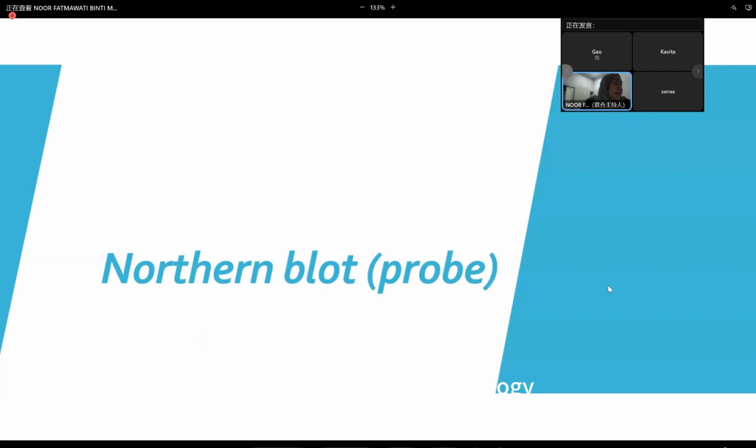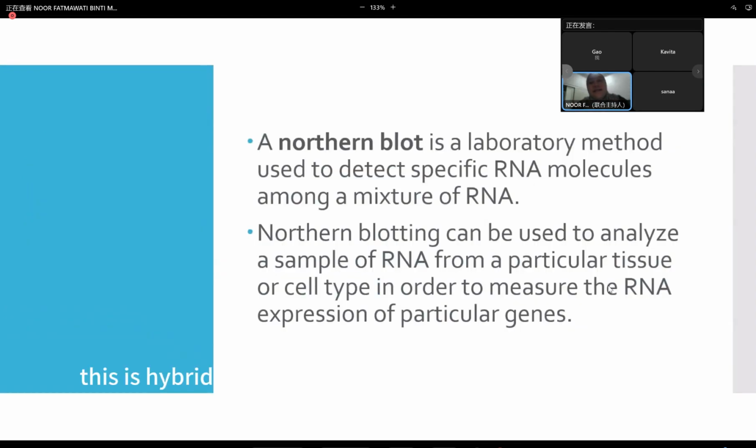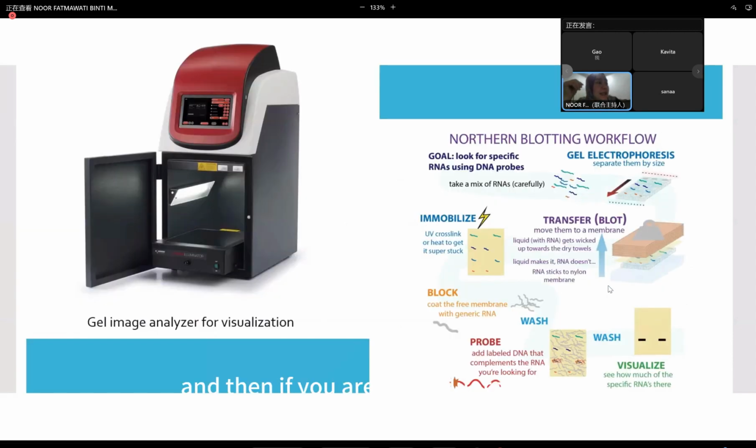And then for other technology, northern blot, this is a hybridization laboratory method to detect specific RNA. So you have your RNA samples, you put them there, and then you have your probe labeled with maybe radioisotope or fluorescence. If you are using fluorescence, you need an image analyzer to capture the fluorescent signal.